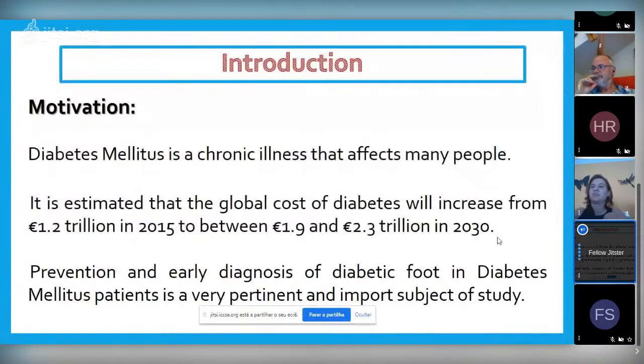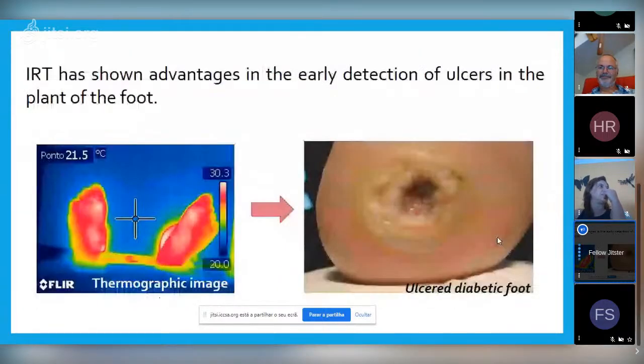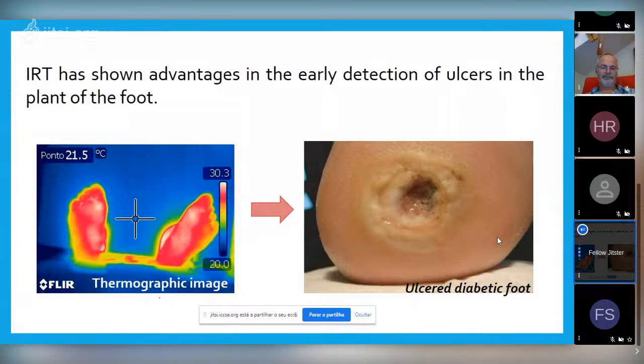So, in our opinion, prevention and early diagnosis of diabetic foot in diabetic patients is very important. Many studies showed that infrared thermography has advantages in early detection of ulcers in the plantar region of the foot. It is known that when an infection in the body occurs, abnormal temperature values can be detected.